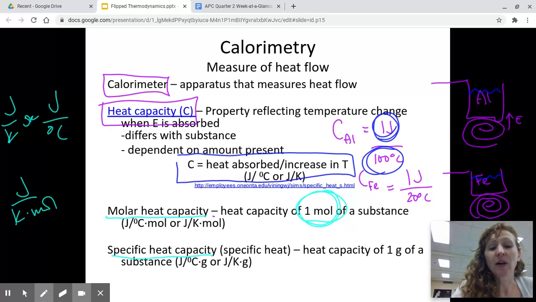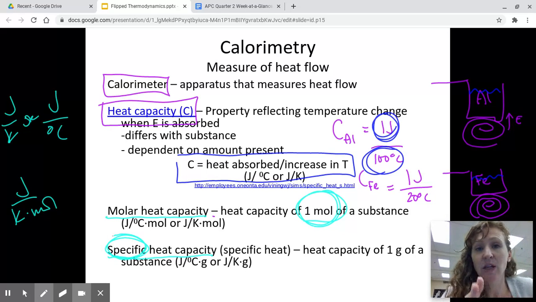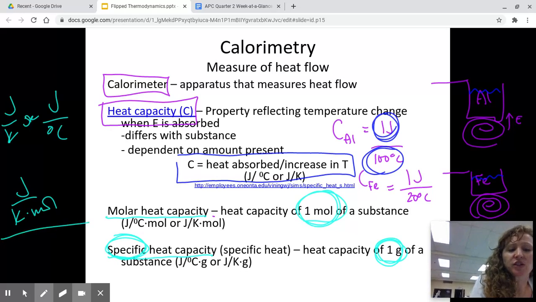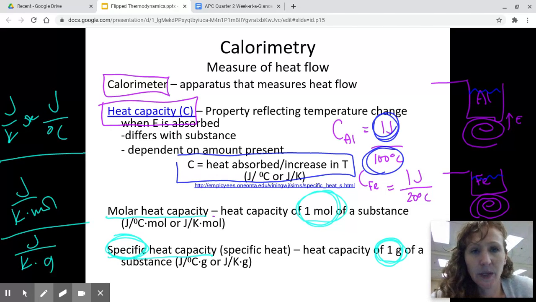Now, specific heat capacity is very similar, but instead of one mole of substance, it's going to be one gram of substance. So your units come out slightly different, joules per Kelvin again, but per gram. This is especially useful for dealing with things macroscopically in our lab, like an almond.